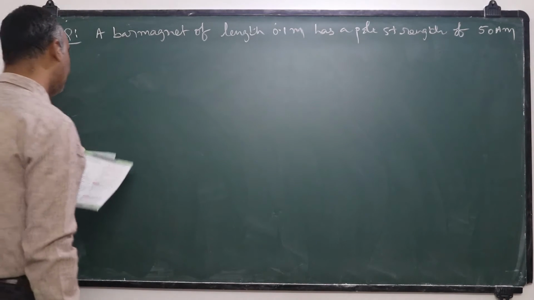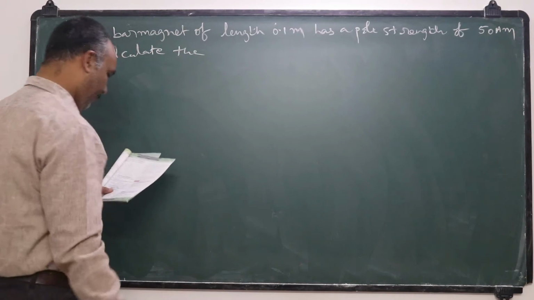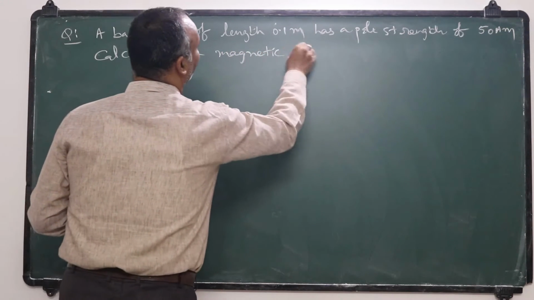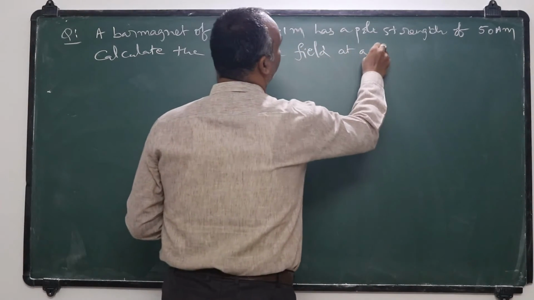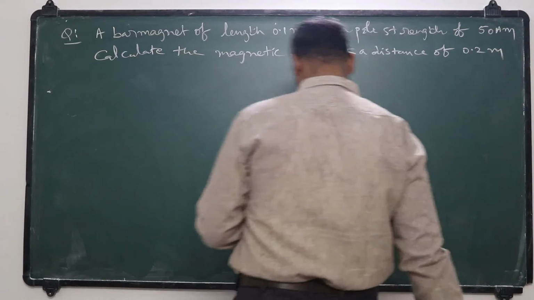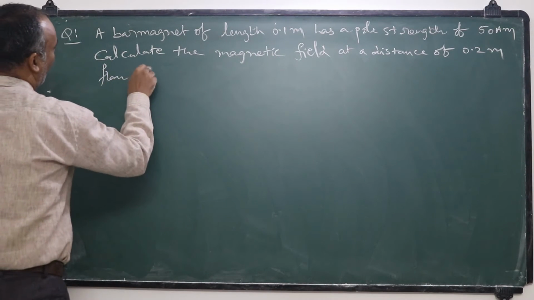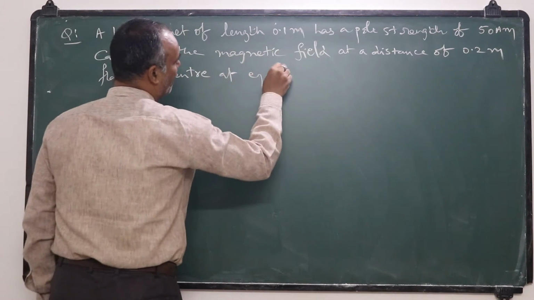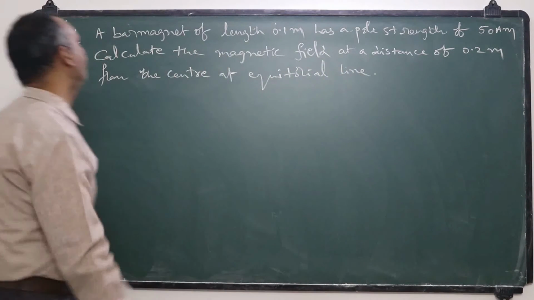Calculate the magnetic field at a distance of 0.2 meters from the center at the equatorial line. Solution.